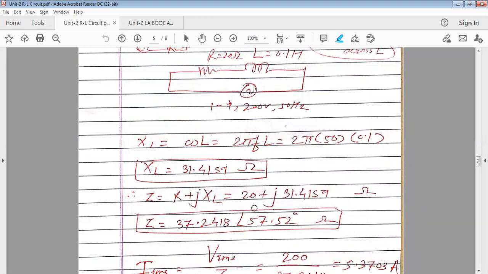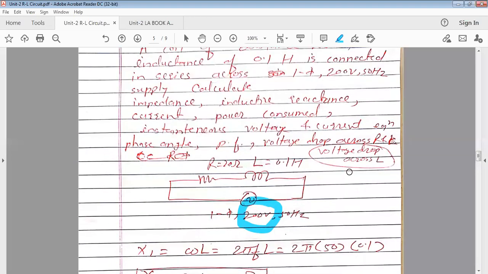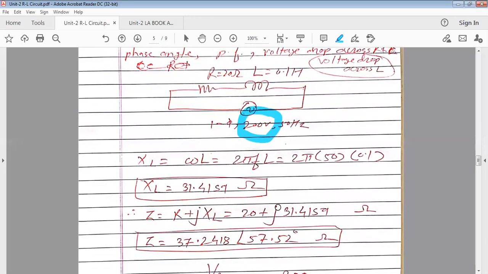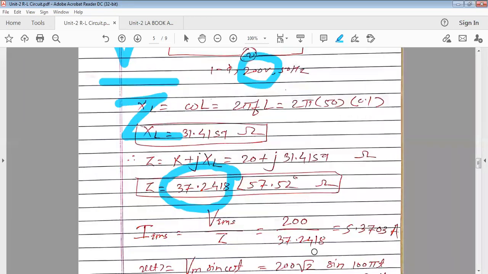Now Z we have calculated. Do you know the total voltage? Is it given in the numerical? Yes, ma'am, 200 volt. Total voltage we know, and total impedance, its magnitude we know. So if I do total voltage divided by total impedance, what will I get? Total current.